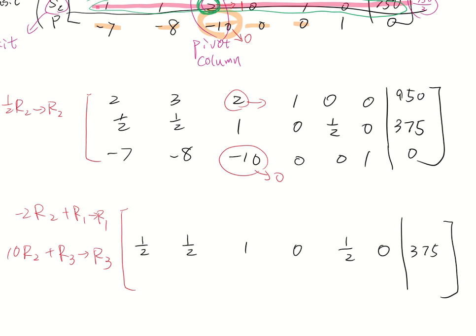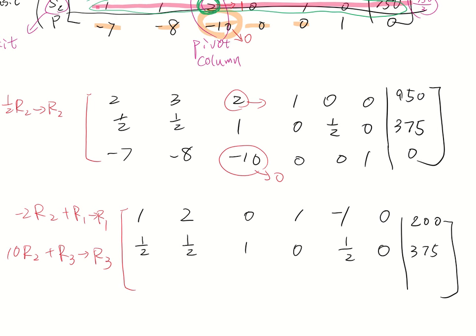For R1, -2 times 1/2 is -1 plus 2, that's 1. 2 here, and 0 here. -2 times 1/2 is -1 plus 2, 0. That's -1. 0 here, and -2 times 375 is -750. -750 added to 950, that's 200.